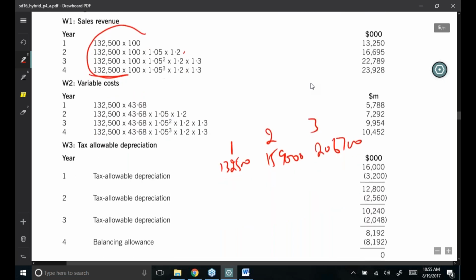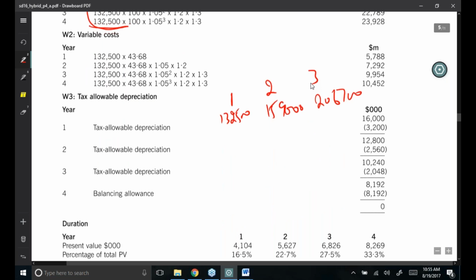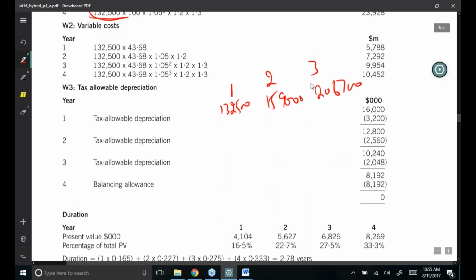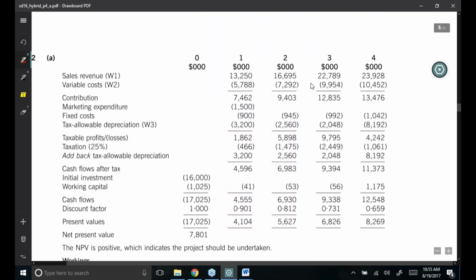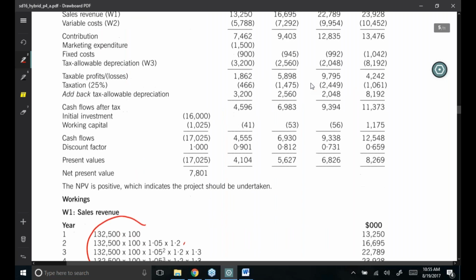Again, same is the selling price, and tax allowable depreciation is same. It's just a 20% on a reducing balance basis. And last year, all the remaining balance will be a balancing allowance. So putting in these, you have calculated the present value, that is 7801.